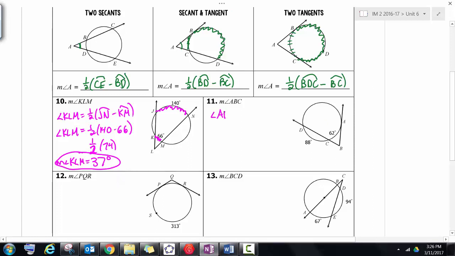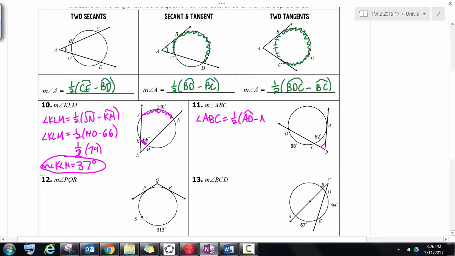So angle ABC, this one is equal to 1/2 the big arc AD, minus arc AC. So angle ABC is equal to 1/2 of AD. I don't know what AD is. But I do know that there's only three arcs. There's arc AC, CD, and DA in the circle.